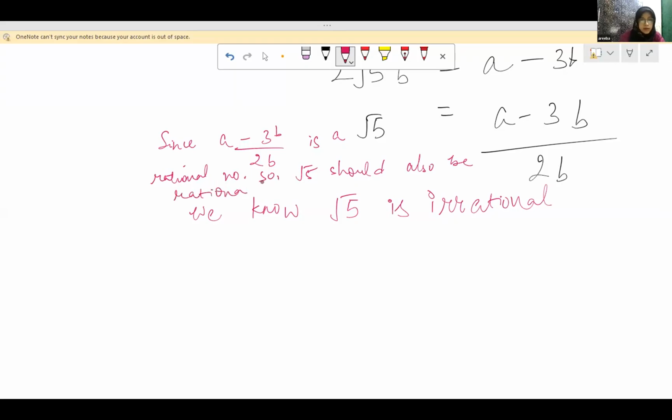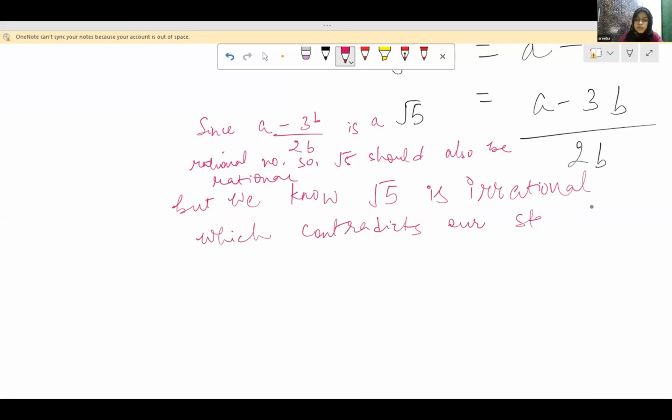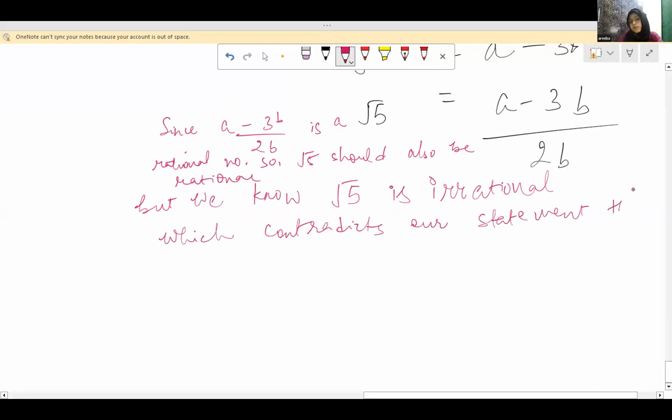Yeah. But we know that root 5 is irrational, which contradicts our statement that a minus 3b upon 2b is rational.